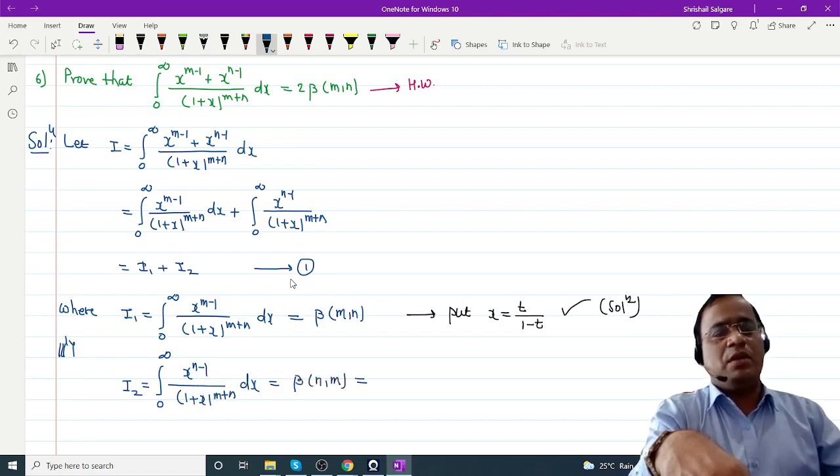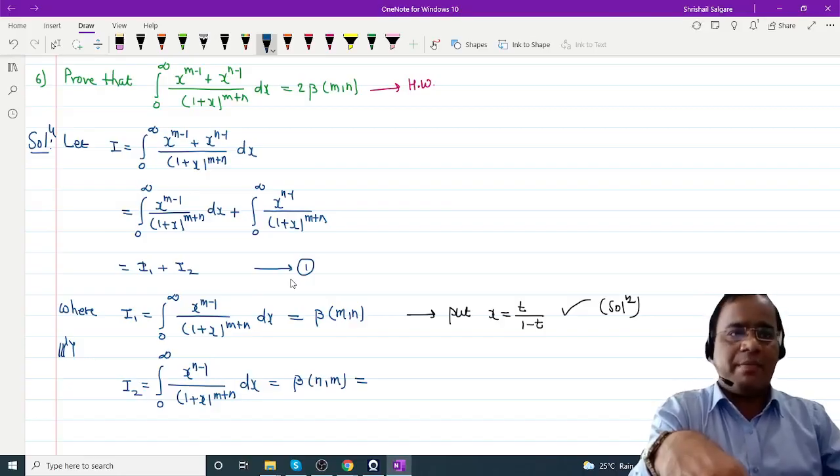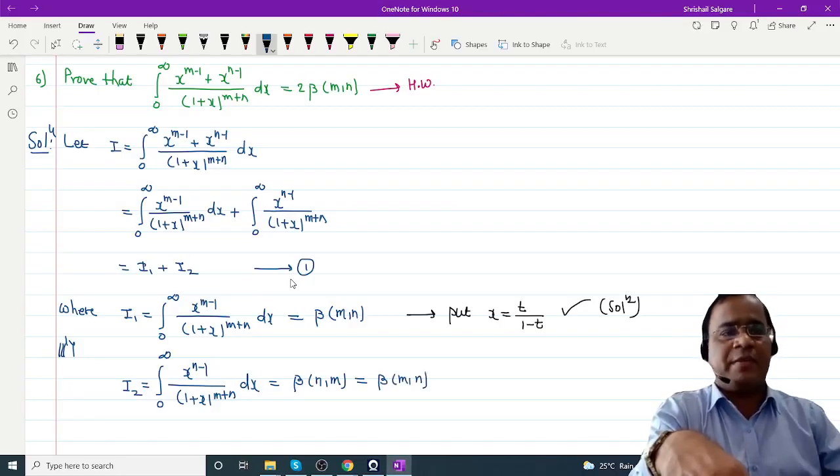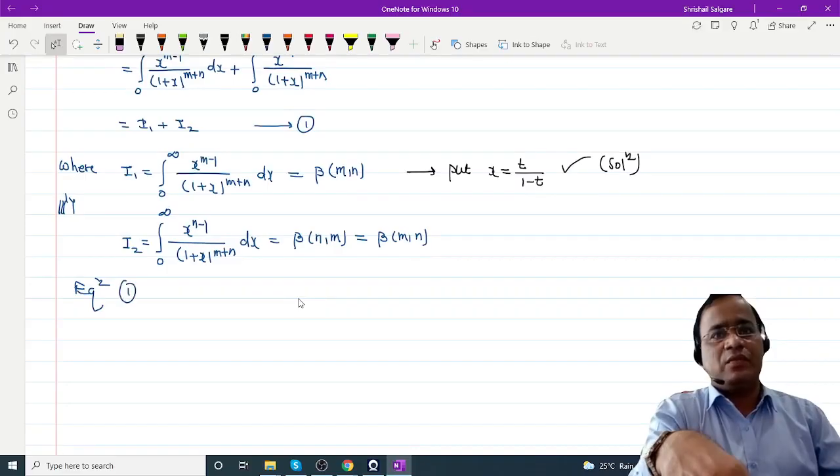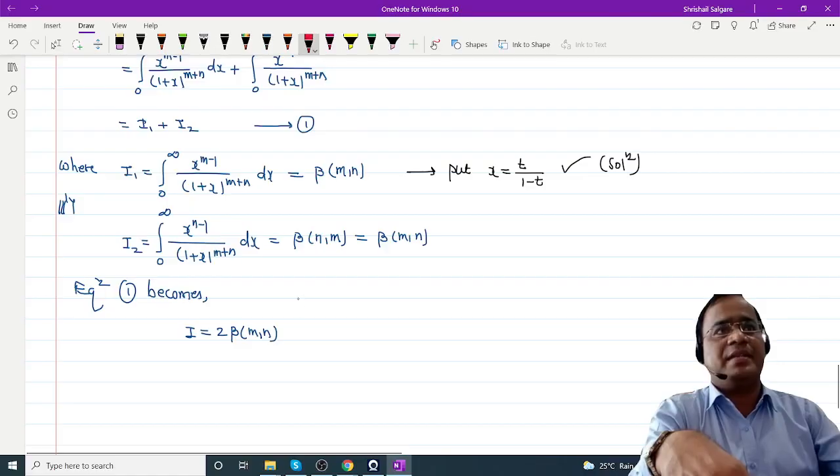But we know the property that beta of m, n and beta of n, m are both equal. So it can be written as beta of m, n. Therefore, equation 1 becomes I is equal to beta of m, n plus beta of m, n. It comes as 2 times beta of m, n, and that is the required answer.